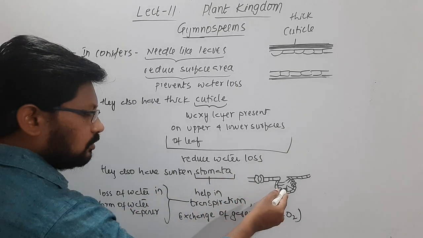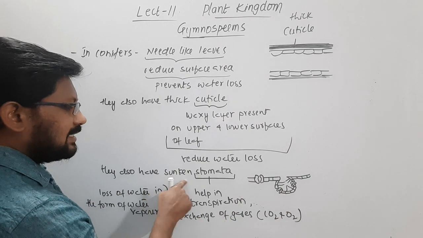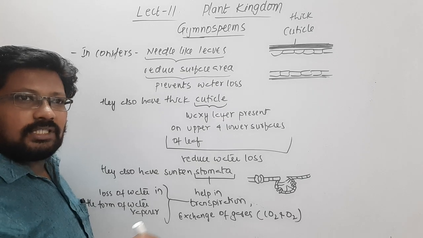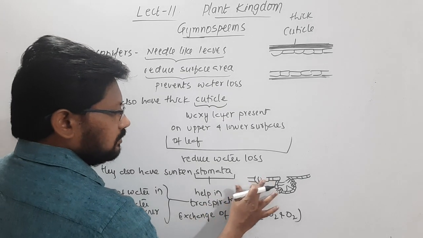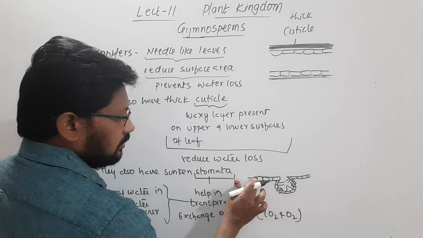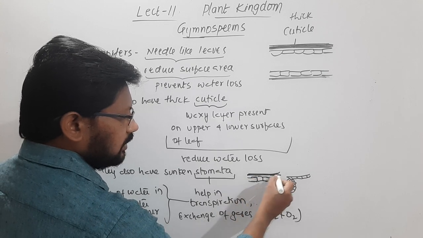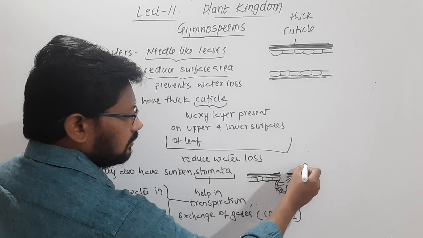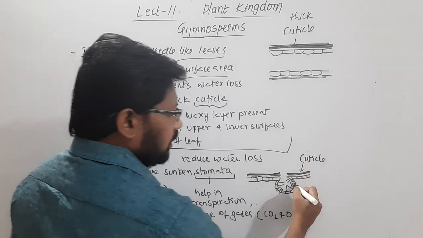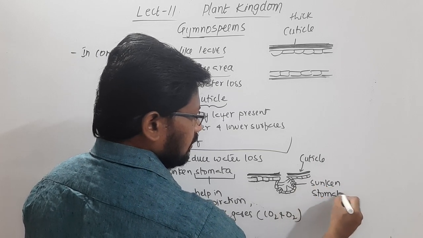Those stomata which are present in cup like structures are called sunken stomata. Sunken means present in a depression. This is how we see the sunken stomata. Here you can see the cuticle, and these are sunken stomata.